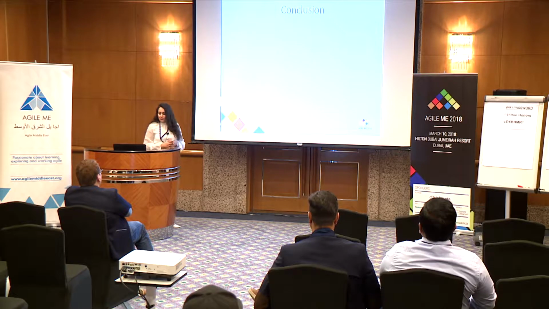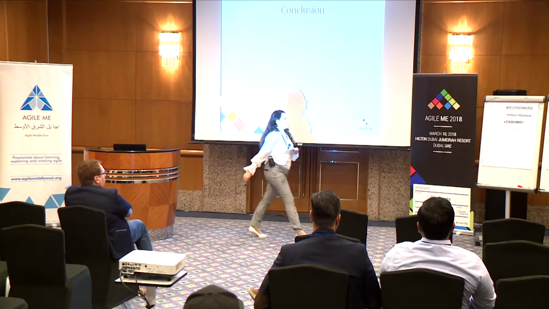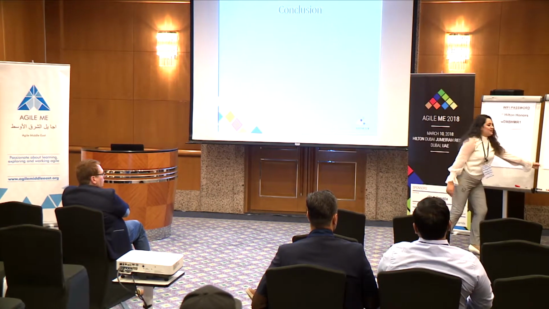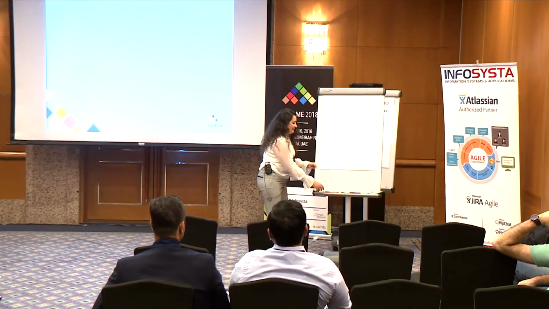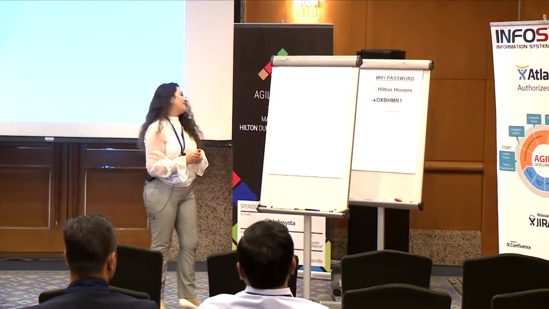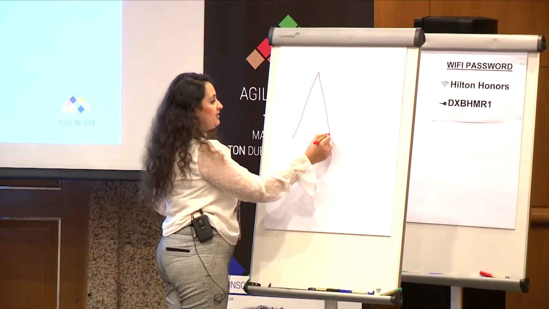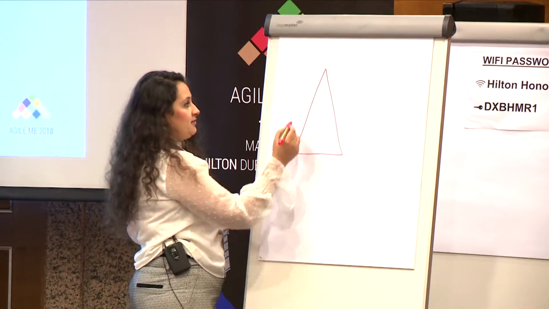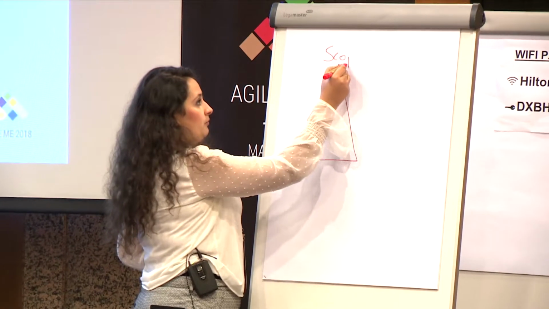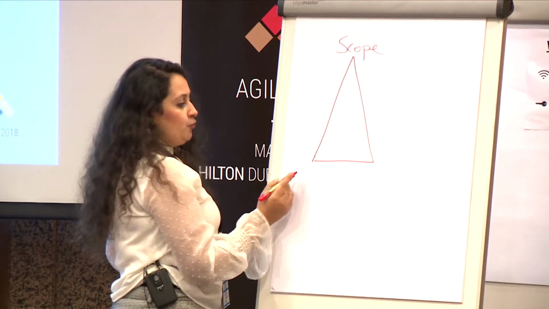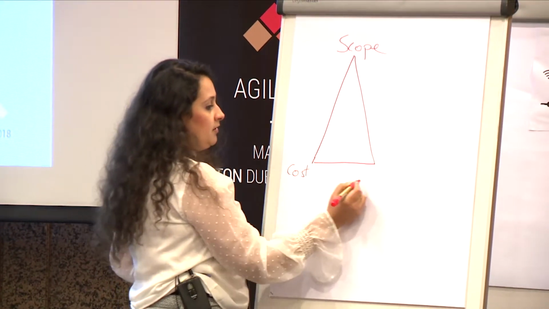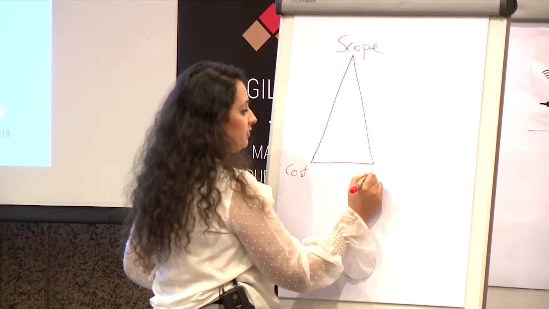So I want to conclude with one thing. Let me use the board, as the Agile people do. If the traditional approach is a triangle, it has a defined scope, and then we end up with the cost and the time.